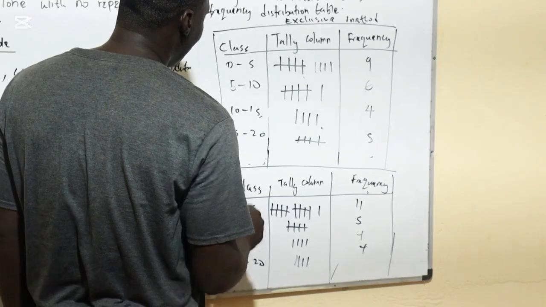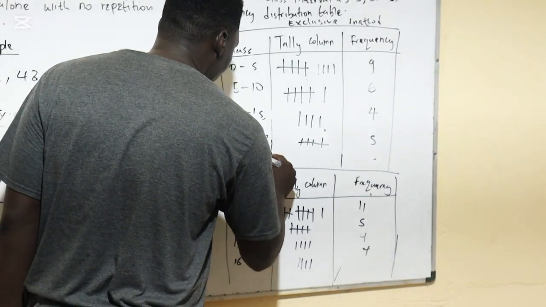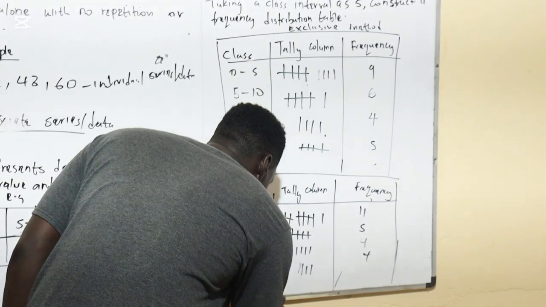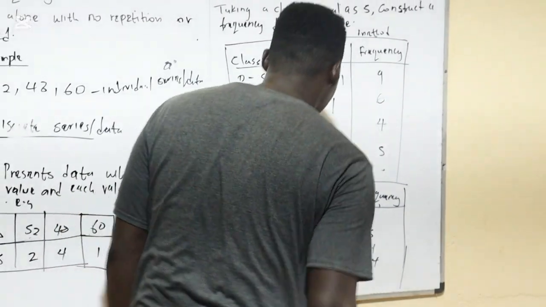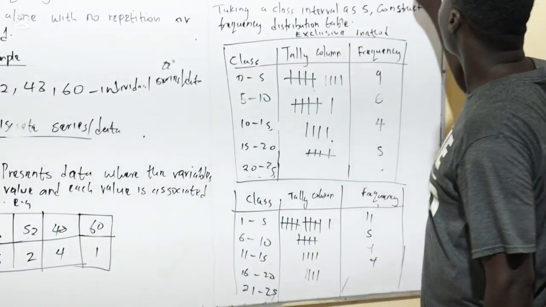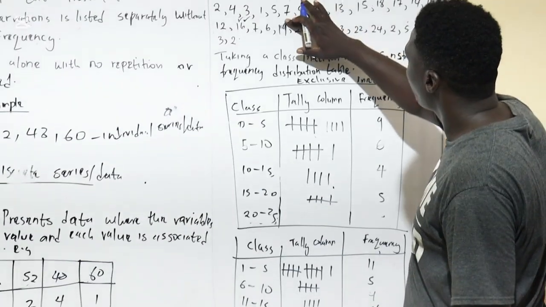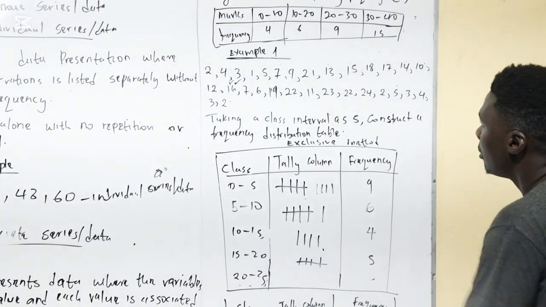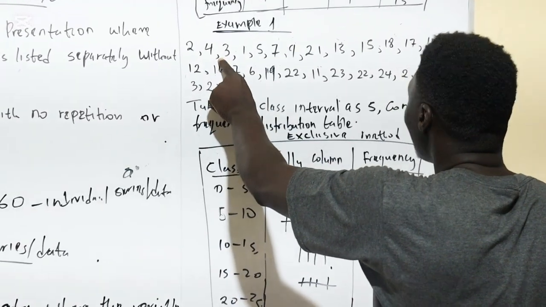Then lastly we'll be having 20 to 25. Here will be 21 to 25. So let's count again. With exclusive we'll count 20 to 24. We won't count 25. So let's check it.